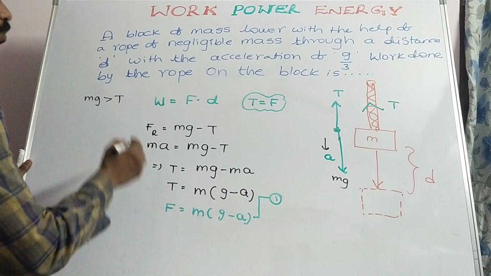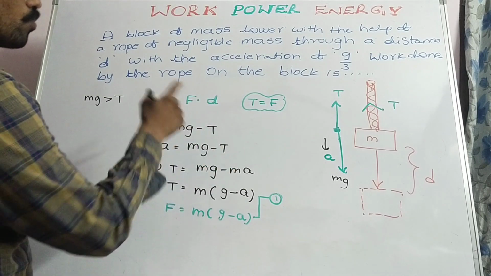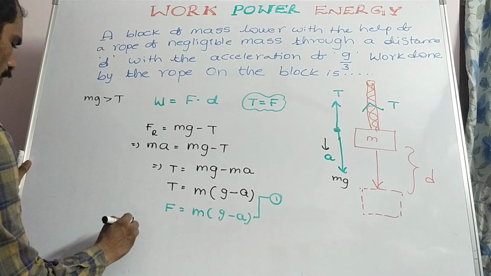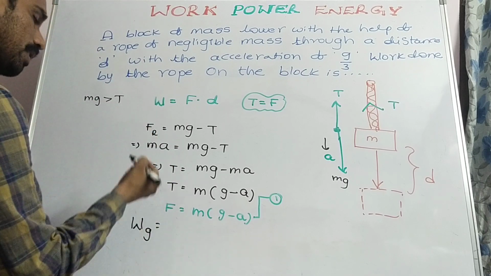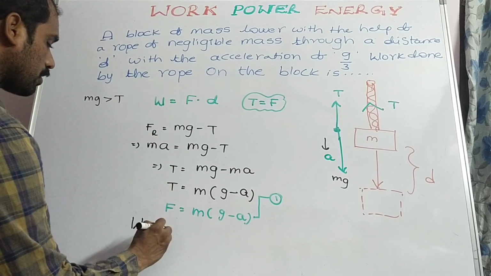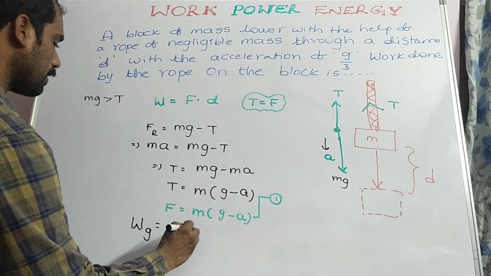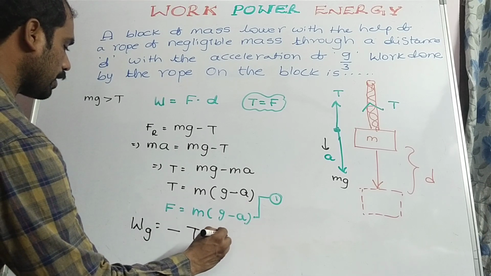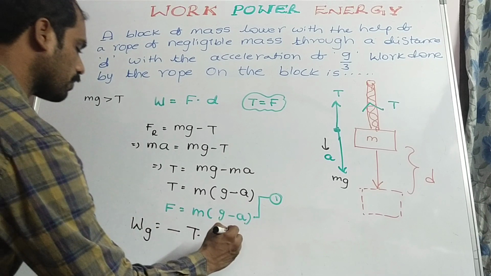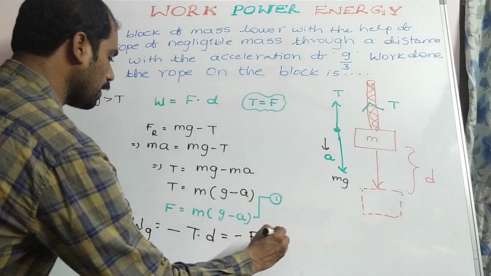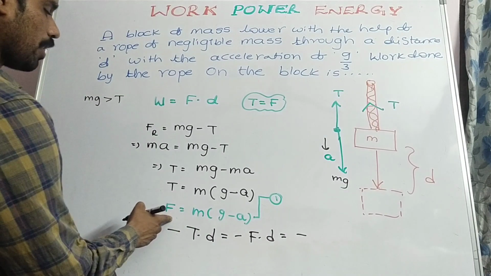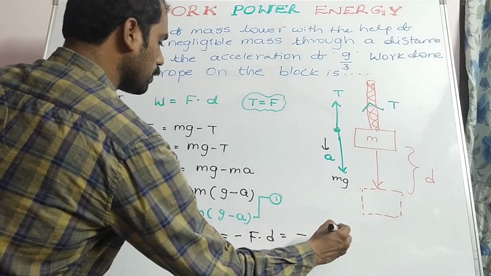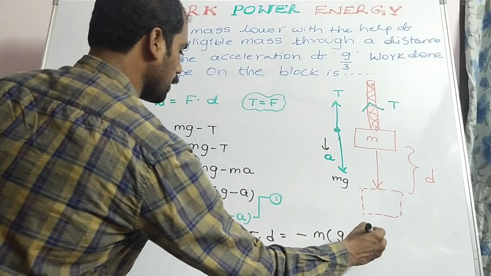Now the work done by the gravitational force is always negative, against the gravitational force. That's why Wg is equal to minus T into d, that is equal to minus F into d, that is equal to minus m into g minus a into d.